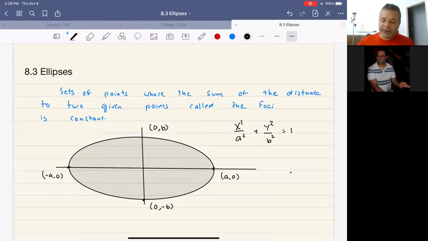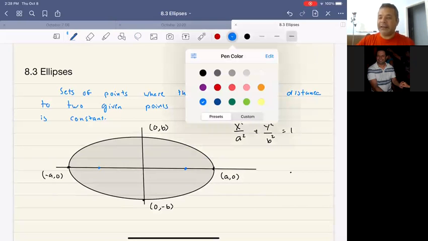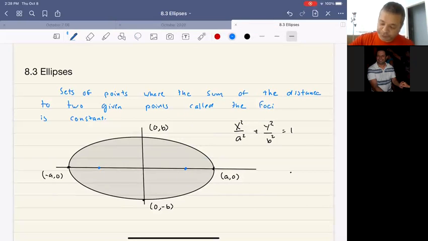Okay, and so what we have is we actually are going to have a couple of points here on this axis. And the way we know that it's on that axis, it's on the axis that's bigger. Okay, so the foci, these points are called foci, are on the axis that's larger. And these foci here are given by c comma 0, and here it's negative c comma 0.